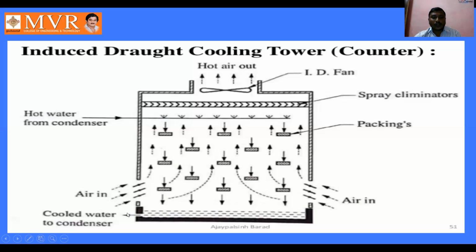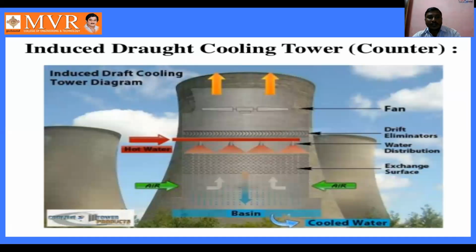Again it is circulated into the condenser for reuse as cold water. This is how the cooling water works. Cooling towers are used in thermal power plants for recirculation, for cooling purposes. So this is the induced draft cooling tower, which we can observe in thermal power plants.